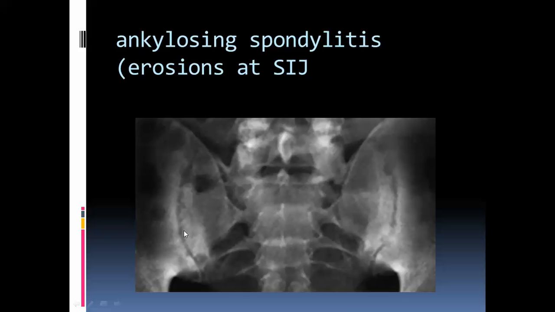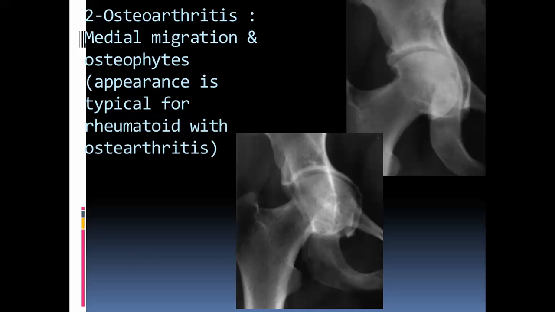So widening first, erosion second, and then obliteration. This is ankylosing spondylitis of the sacroiliac joints. Asymmetry suggests psoriasis. Bilaterality and symmetry suggest ankylosing spondylitis.